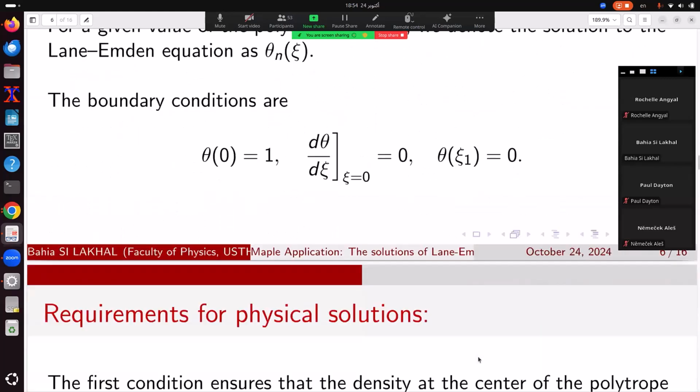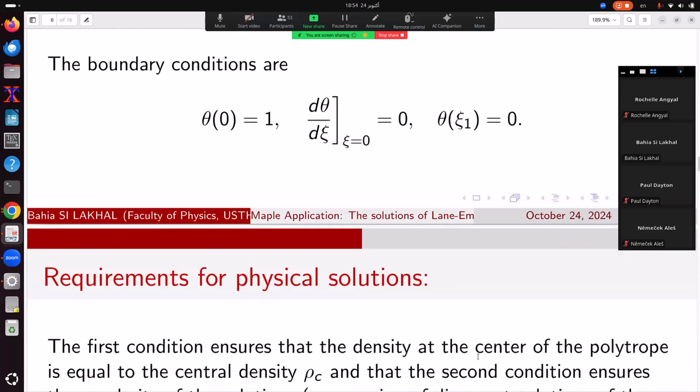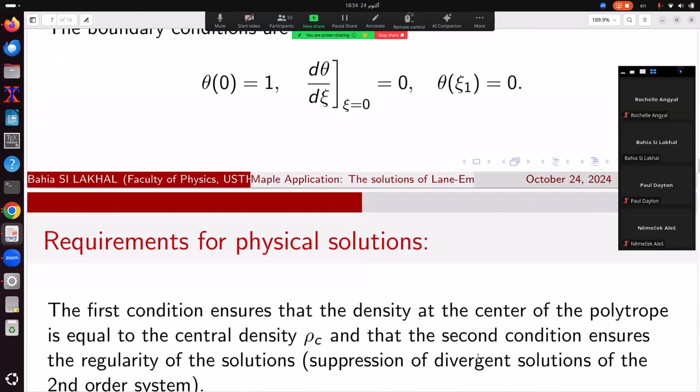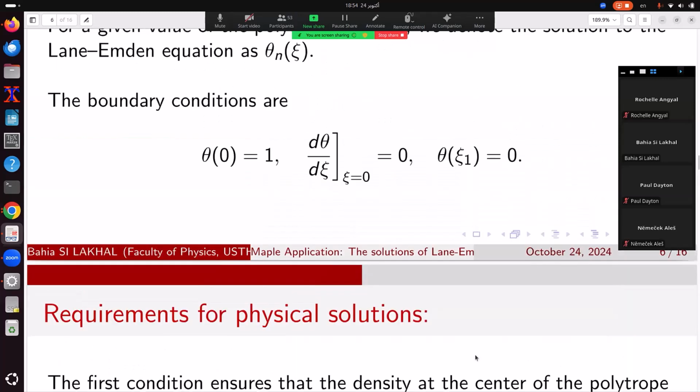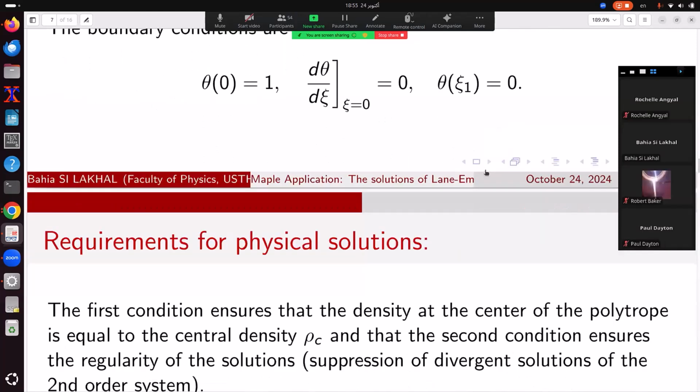The first condition ensures that the density at the center of the polytrope is equal to the central density rho c. The second condition ensures that the solution is regular. The third boundary condition is written in order to estimate the radius of this polytrope.